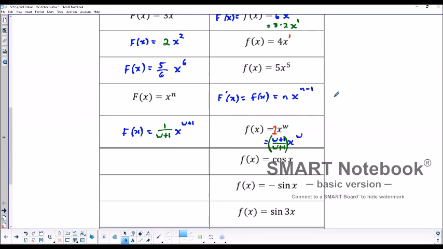Okay, so for our general derivatives, we always have this n in front, and we are always subtracting 1 from the exponent. For integration or antiderivatives, we have to add 1, and we multiply by the reciprocal of the new exponent.